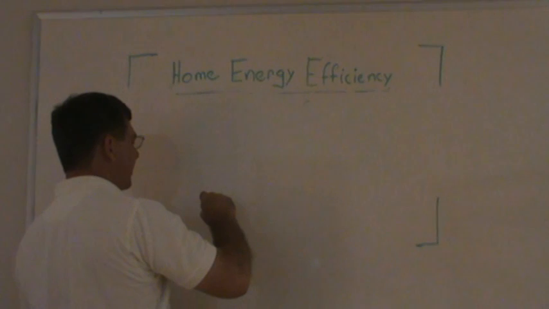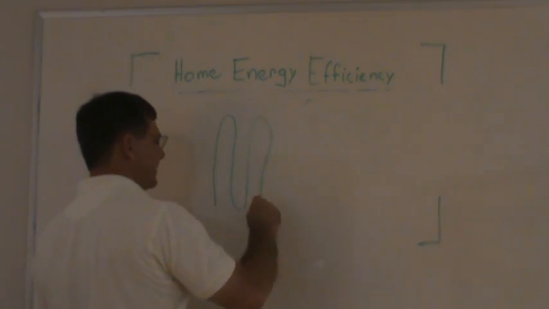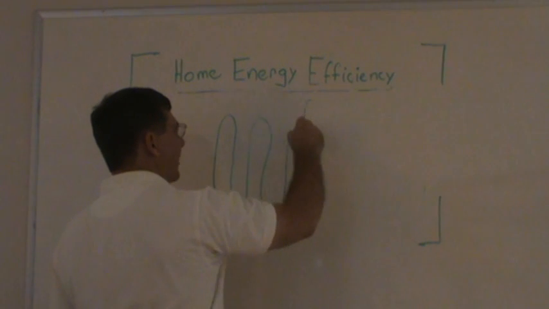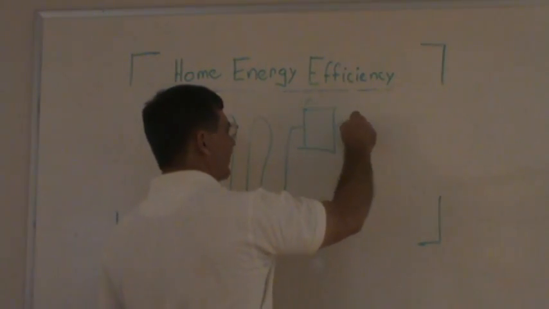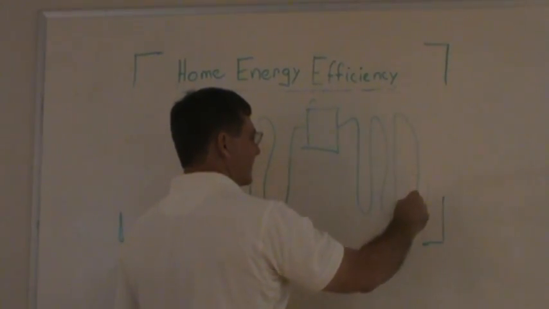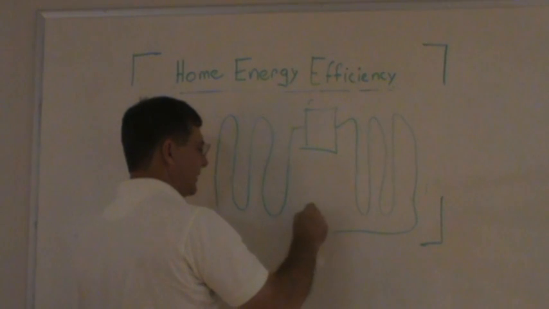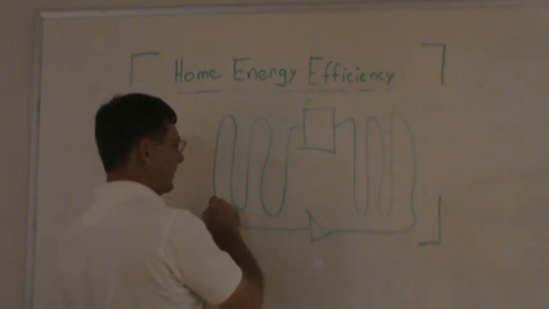We have copper coils that look something like this, and it goes to a compressor, and then out of the compressor it goes into copper coils that look like this, then into a metering device, and then the cycle is returned.